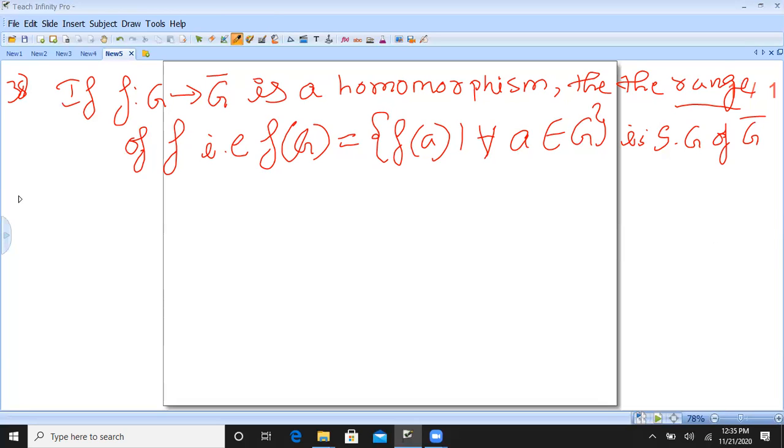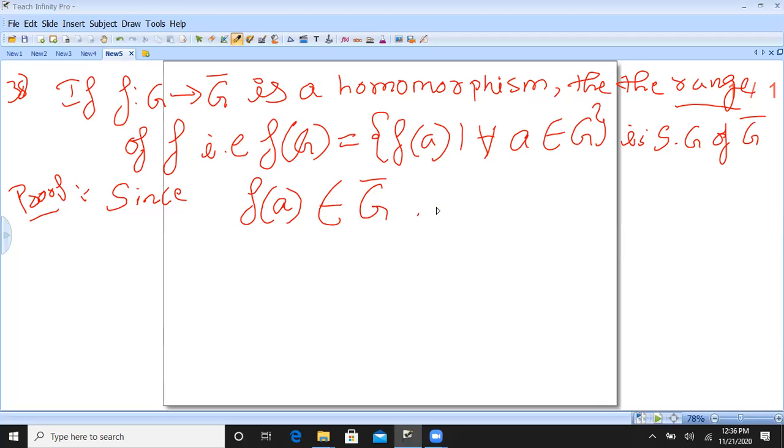Since f of a belongs to G bar for all a belongs to G, we can obviously write that f of G is a subset of G bar.